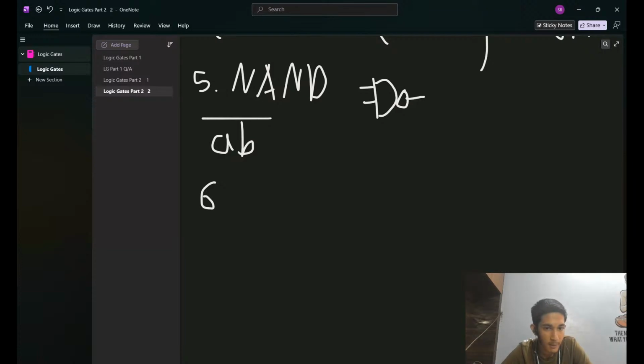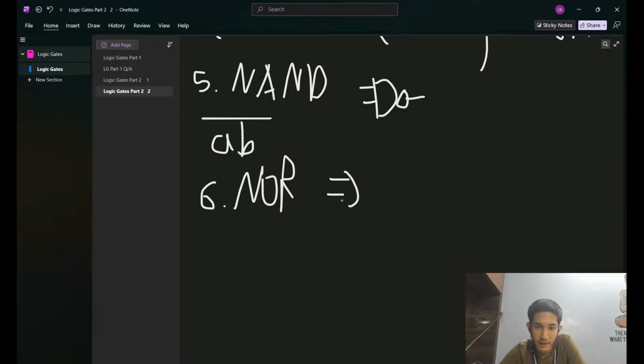Next, we learned about NOR, whose symbol is like this, an OR gate with a circle on top. This circle represents NOT, of course. Its Boolean algebra representation is A plus B naught.